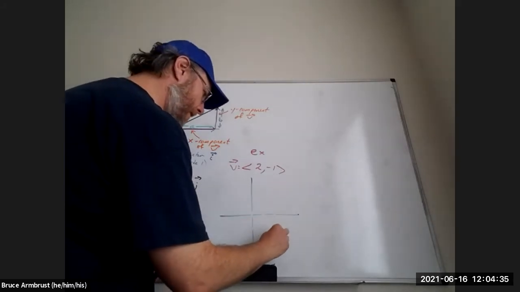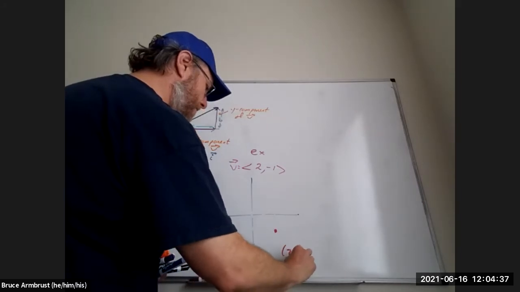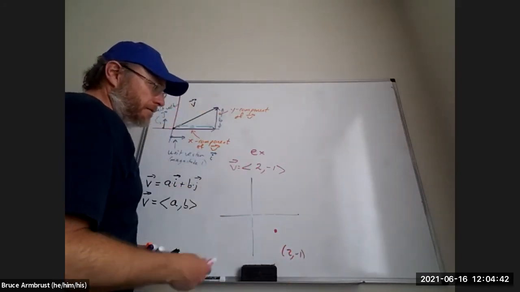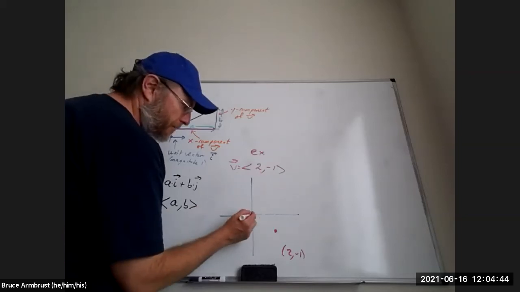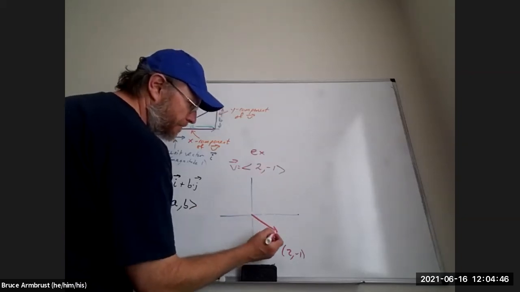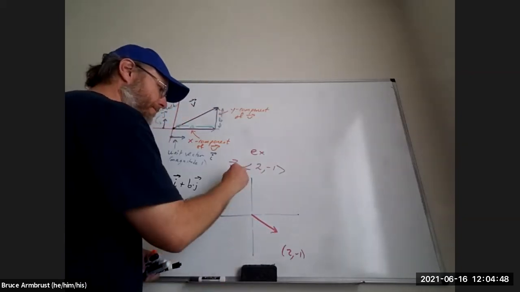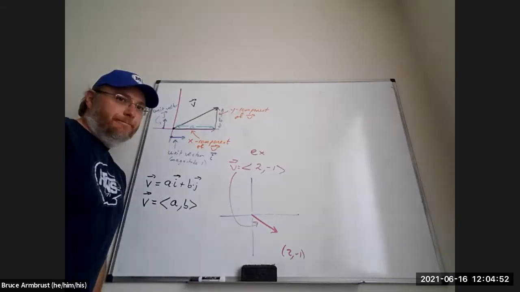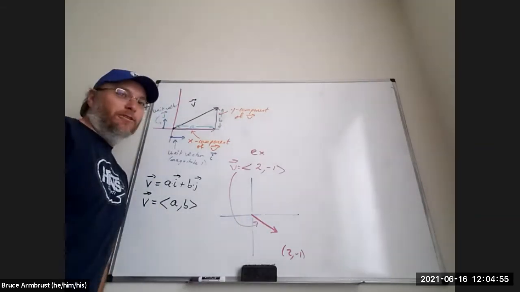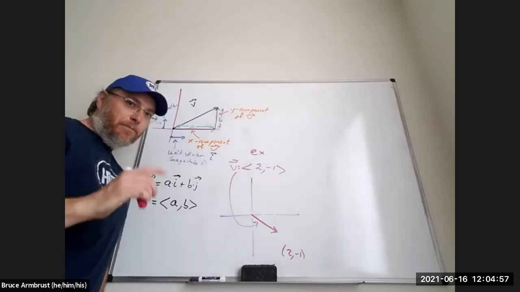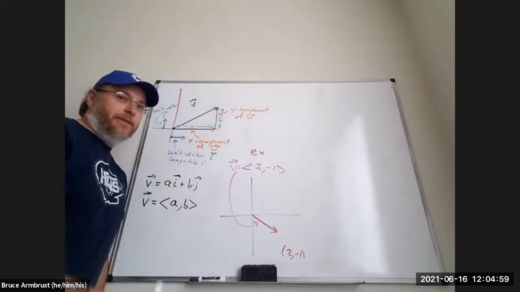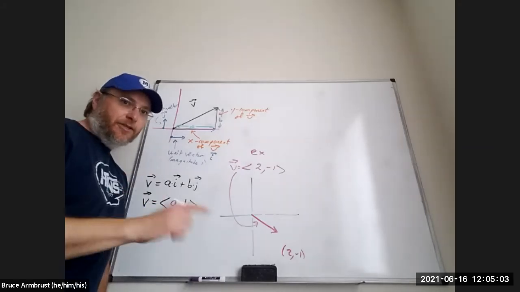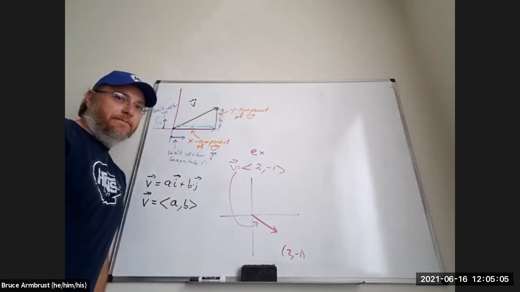So here is the point (2, -1). The vector <2, -1> goes from the origin to that point. Easy. Oh, good Lord, it's easy. If you can plot the point, you can plot the vector. Just go out from the origin to that point, and there's your vector.